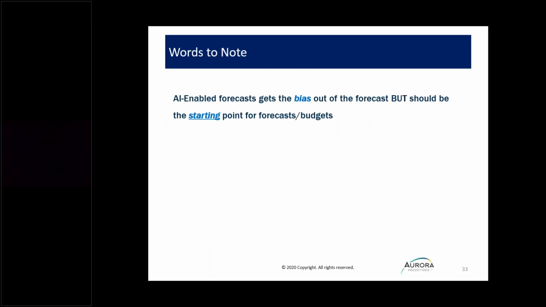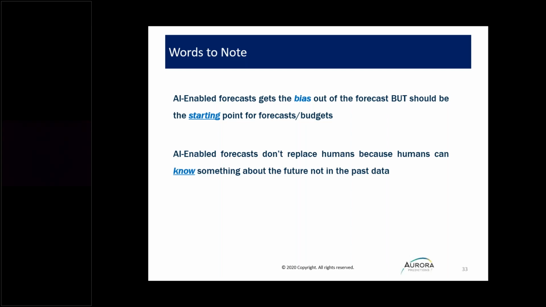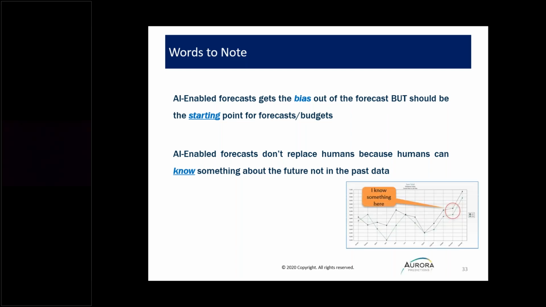A couple of words of note, though. I don't want people to get the impression that AI-enabled forecasts are the end of forecasting. AI-enabled forecasts get the bias out of forecasts, but they're the starting point. They're a starting point because they don't replace the human. They help the human, because as a human, I may know something about the future.